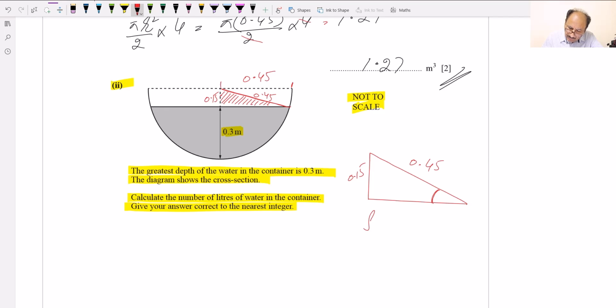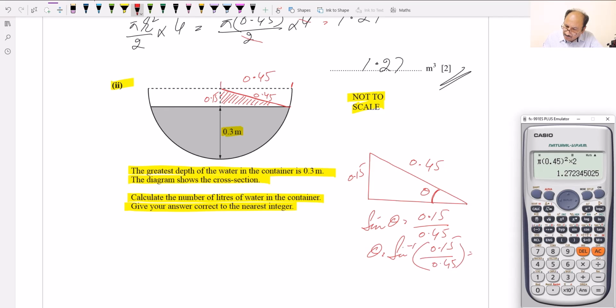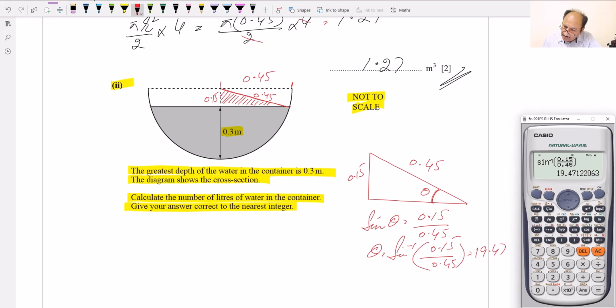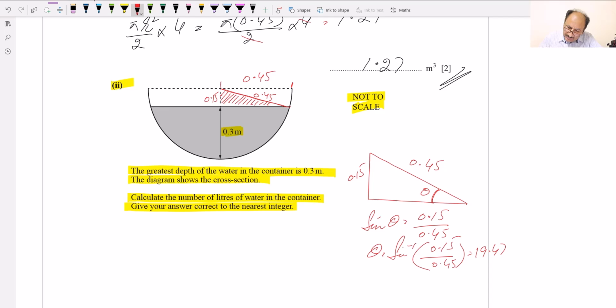So sine theta will be equal to opposite over, this is theta, so opposite over hypotenuse, sine theta will be equal to 0.15 over 0.45, and we can find theta will be equal to sine inverse of 0.15 over 0.45, and this will be equal to shift sine of fraction 0.15 over 0.45, and this will give us 19.47. So 19.47, yes.